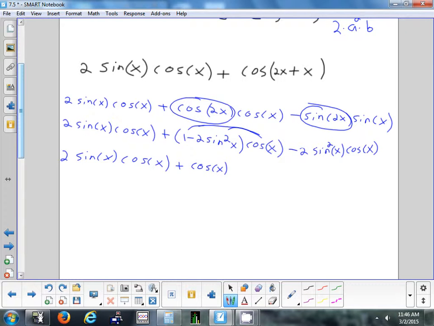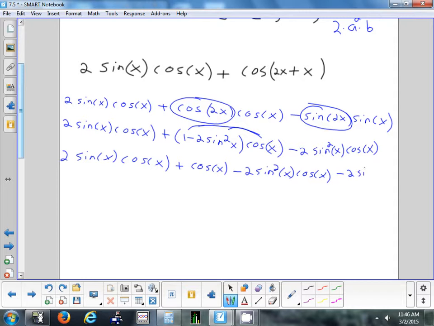And I don't really like to distribute this because I'm going to end up factoring it back out in the next step. But I think if I don't do this, you're going to get confused if I do this step in my head. So I'll distribute it out. Minus 2 sine squared times cosine. Just multiply cosine out to each term. Keep the last term the same, and I think you'll notice something now.